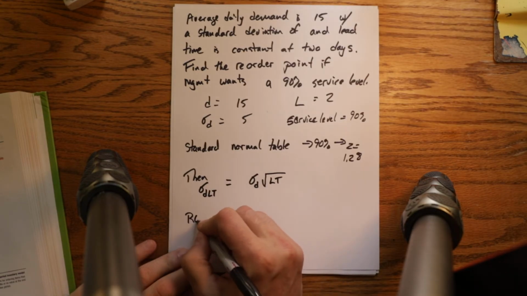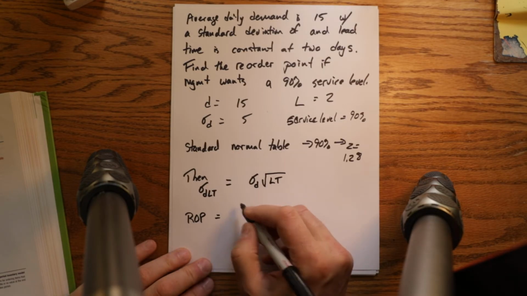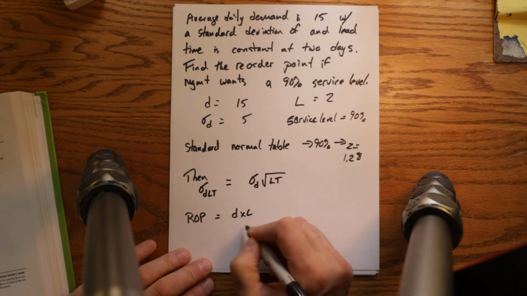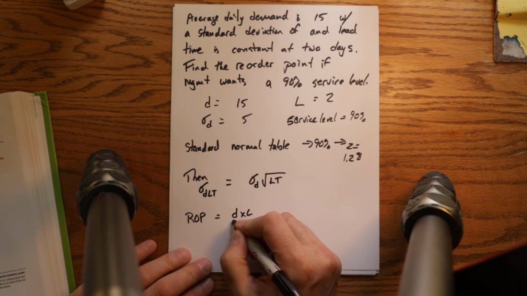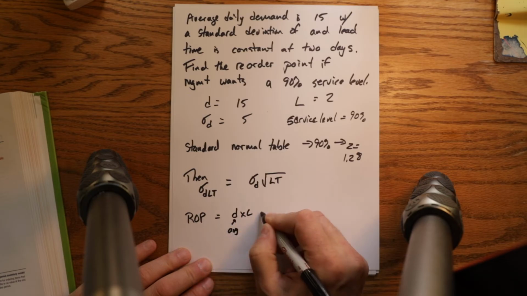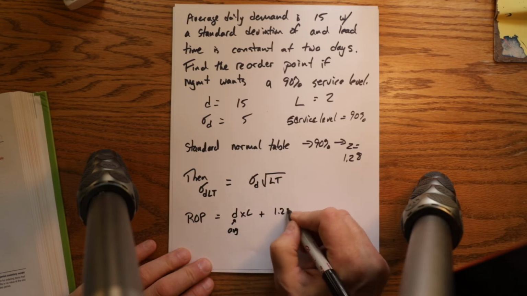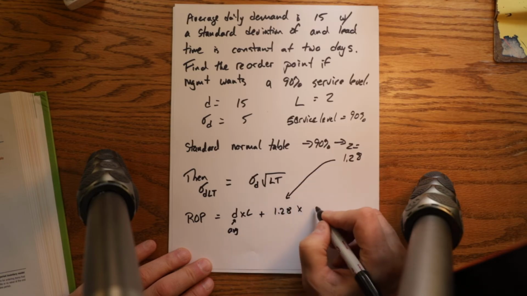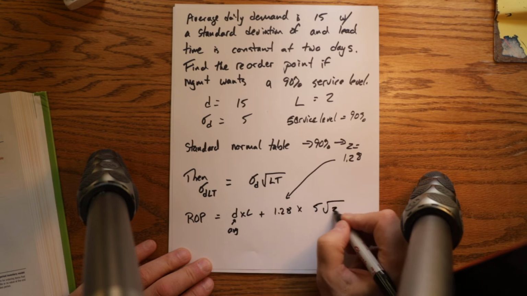Then the reorder point is equal to D times L, in this case the average, plus 1.28 from up there times 5 times the square root of 2.